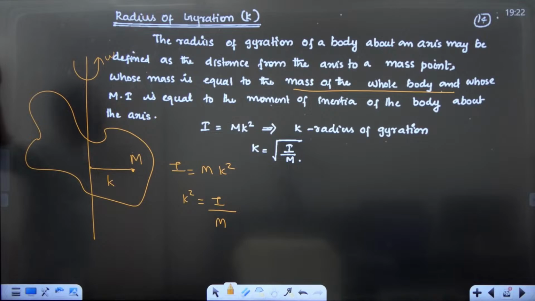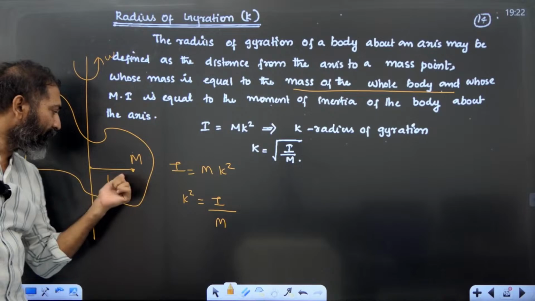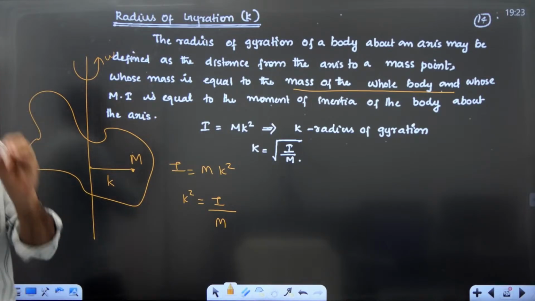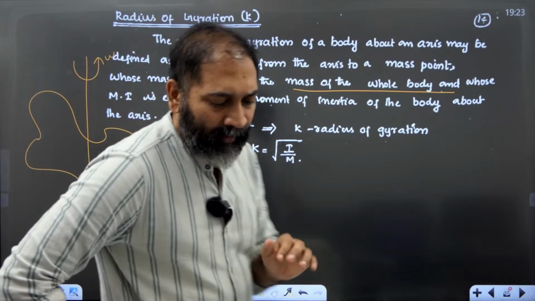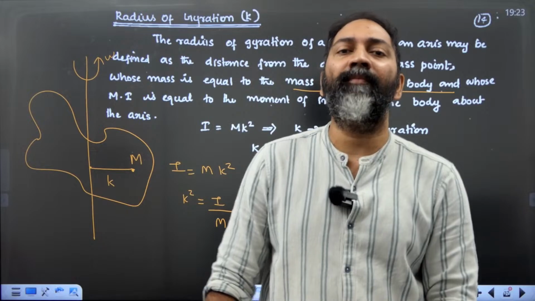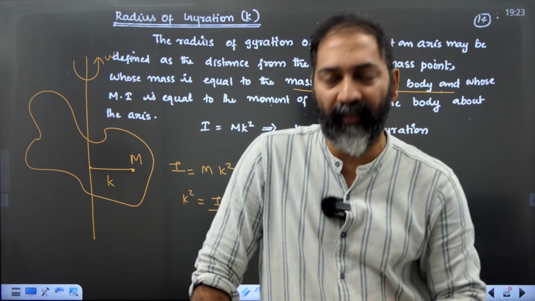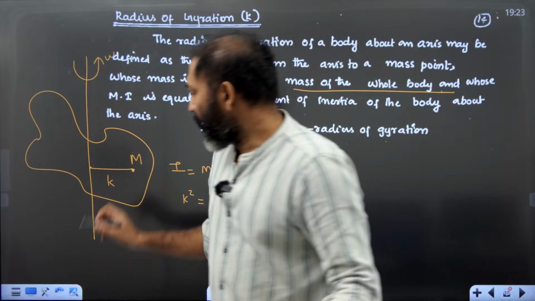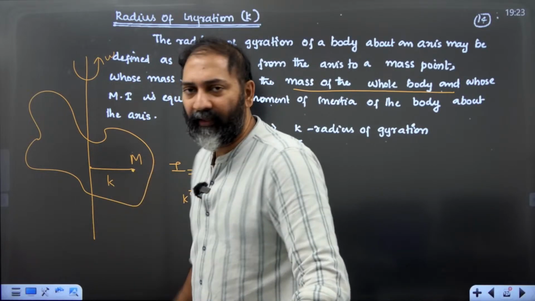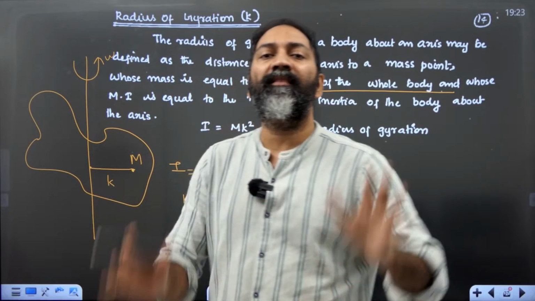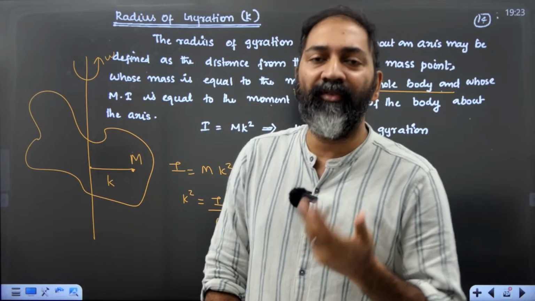Suppose there is a rigid body rotating about an axis with angular velocity omega, and I am calling this particular distance the radius of gyration K. How can I call that distance the radius of gyration? There are two conditions for that.